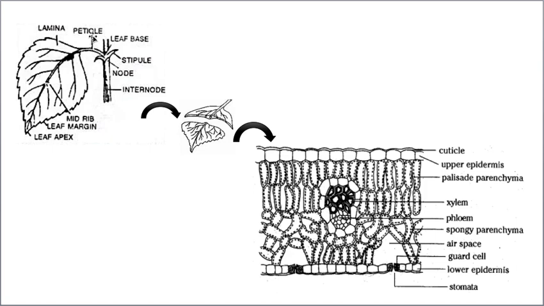Point number three, arising from the petiole there is an expanded region, called the leaf lamina. Point number four, the petiole enters the leaf lamina in the form of the midrib. See, this is called the midrib.